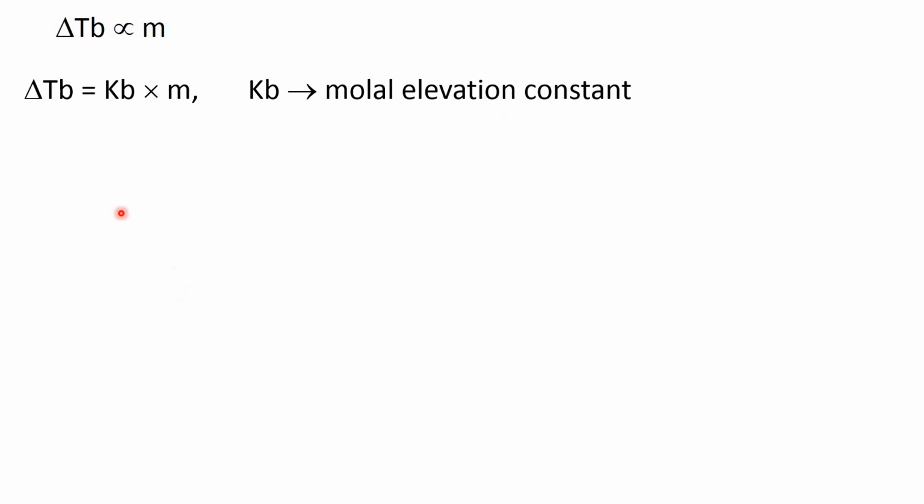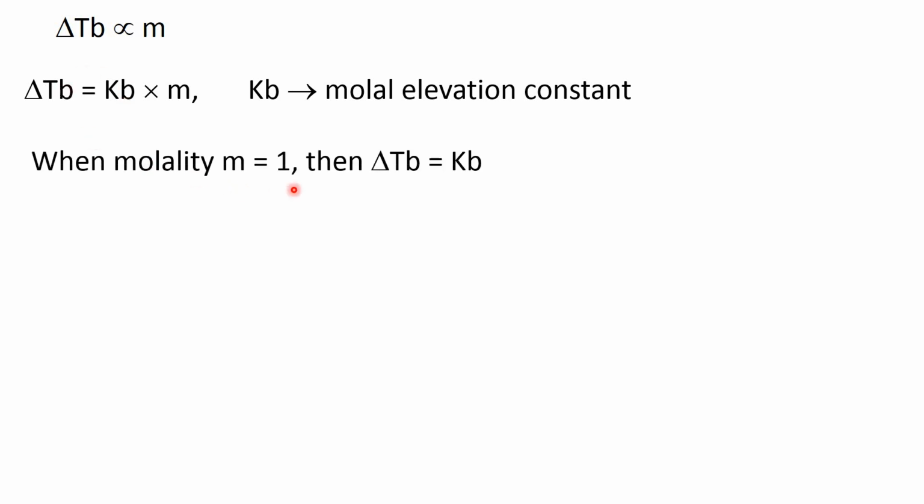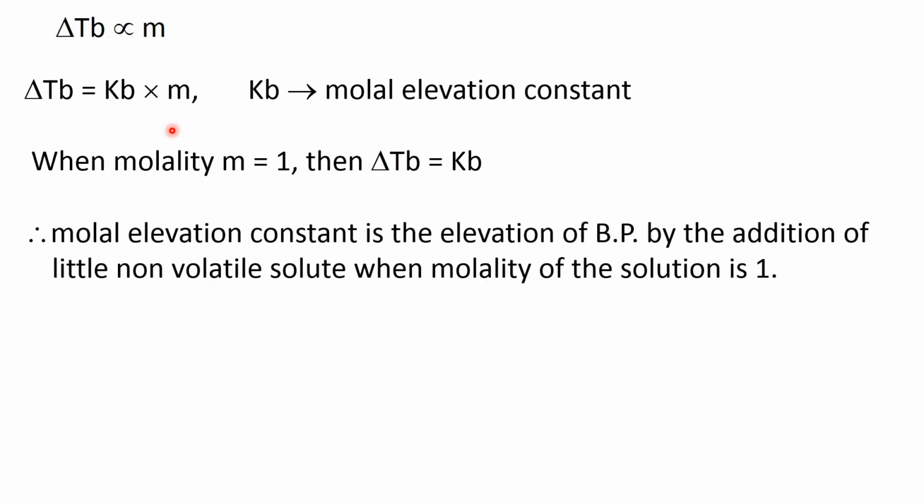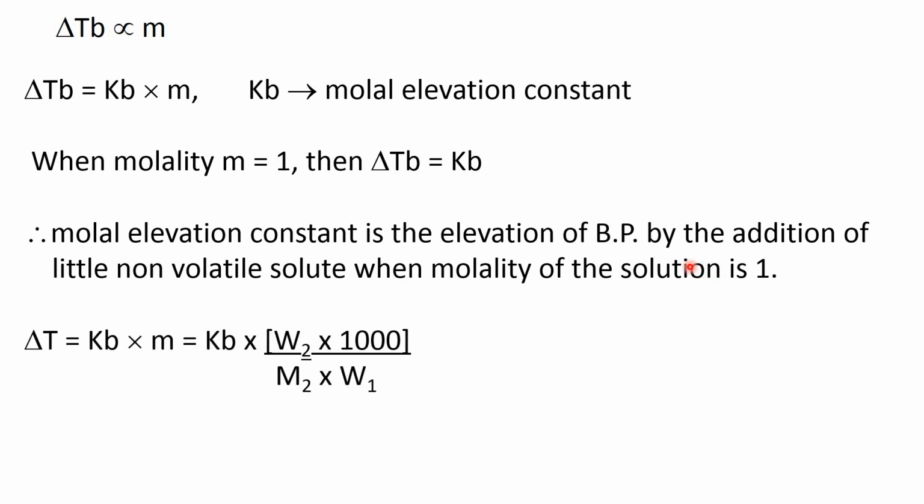When m is equal to 1, that is molality is equal to 1, then delta TB is equal to Kb. So the molal elevation constant can be defined as the elevation of boiling point by the addition of a non-volatile solute when the molality of the solution is 1.